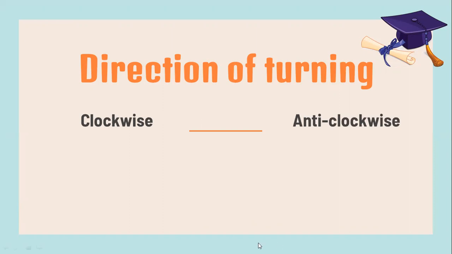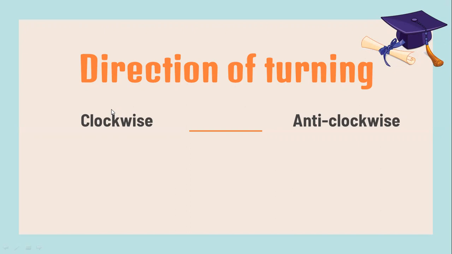So what does the angle turning look like if we say clockwise and anti-clockwise? Students, clockwise in bahasa we know as searah jarum jam. When you look at the analog clock with the hour hand and minute hand, when the minute hand or the second hand moves, it moves clockwise, searah jarum jam, right?